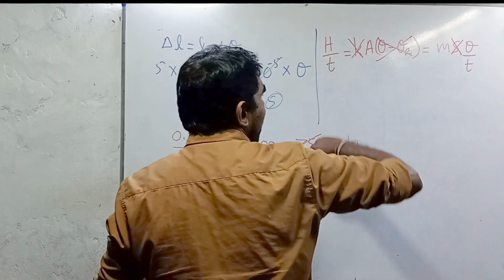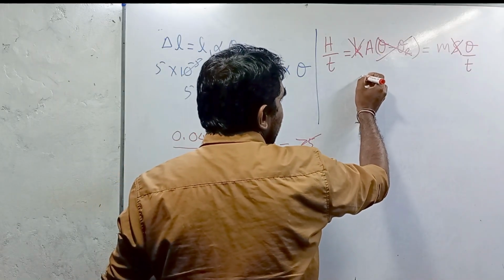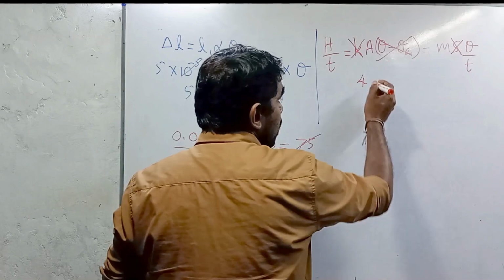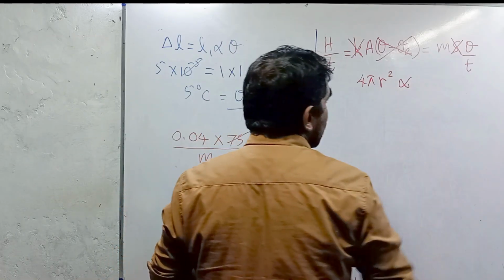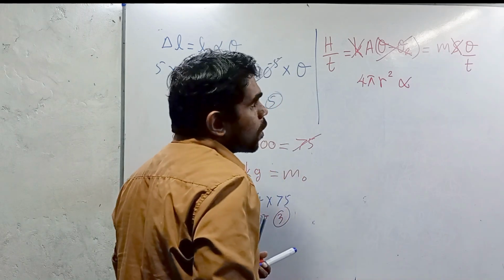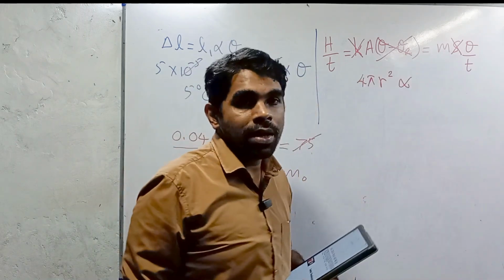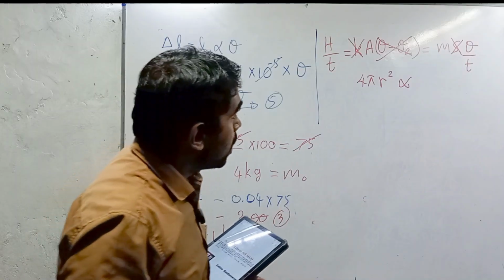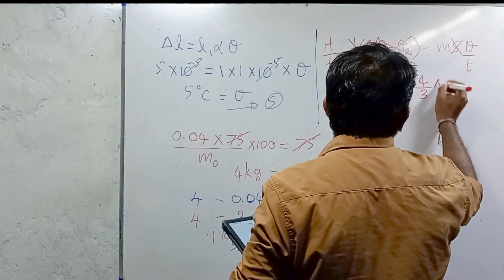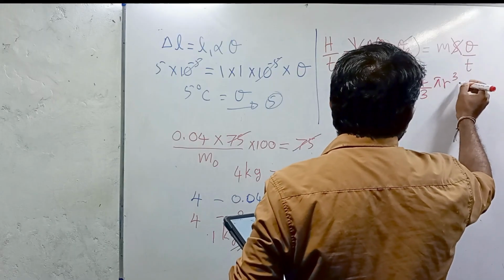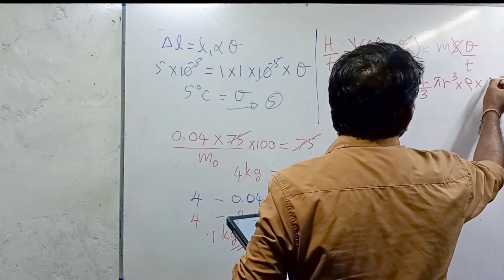We can substitute A, the area of a sphere, 4 pi r squared. It should be proportional to, I will use the proportional mark because some constant values are removed. Mass is volume into density, 4 over 3 pi r cubed into density.